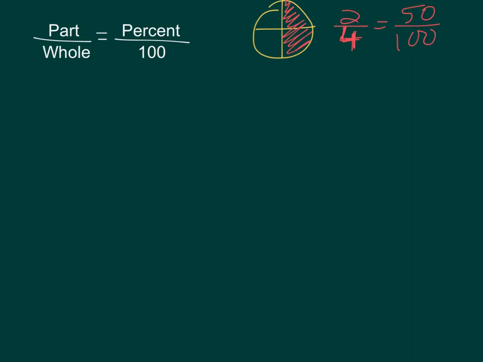So I'd like you to keep that in your mind as we go through a few problems. The part over the whole is the same as the percent over 100. And we'll use some of our cross-multiplying techniques we learned in previous lessons to make sure that we can get the right answers.